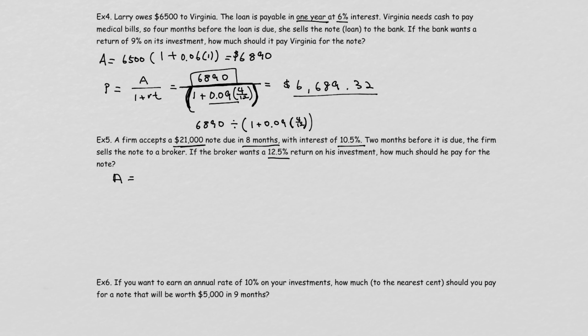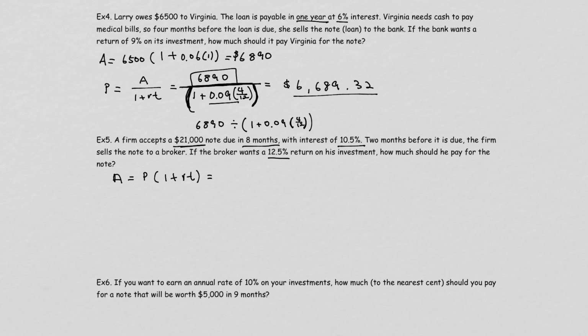First we want to find the future value, how much this is going to be. So we will do principal times 1 plus rt.